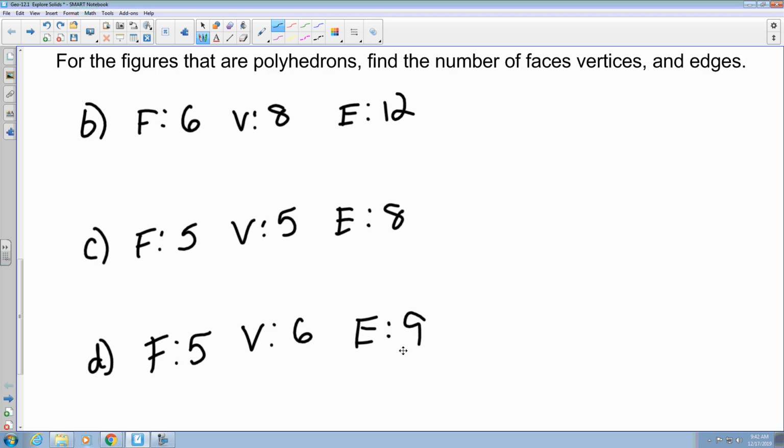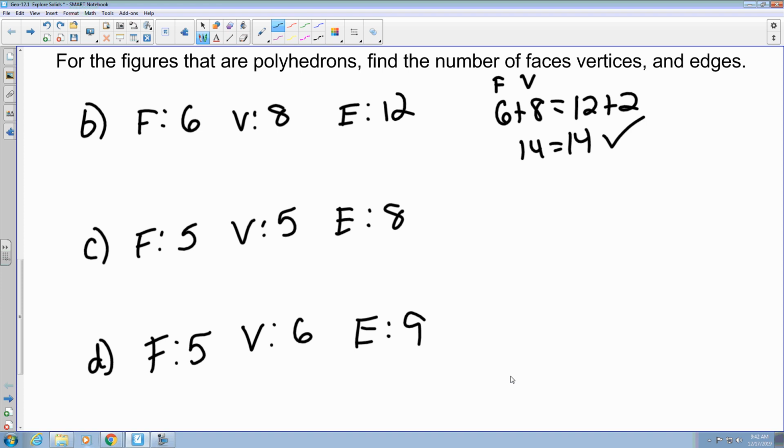So coming over here, I got 6 plus 8 because this was the faces, this was the vertices. It's equal to the edges, which is 12 plus 2. Do we agree that 14 equals 14? Yes, it does. And you can check C and D to see if they in fact do work.